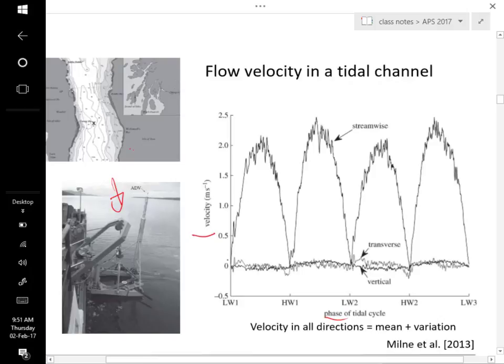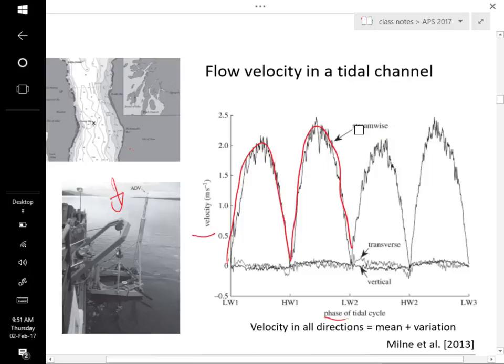And so what you can see is that in general, you're having this kind of thing. This is the streamwise flow, so that's the velocity in the main direction of the flow. So you can see that as the tide goes in and out, the flow is increasing, and then dropping back. It's actually reversing, but this is like an absolute value of the velocity.